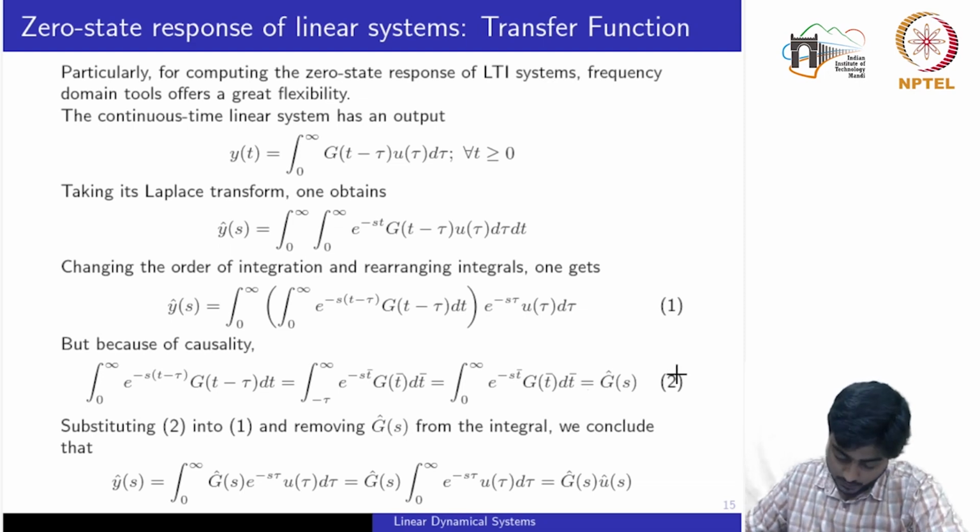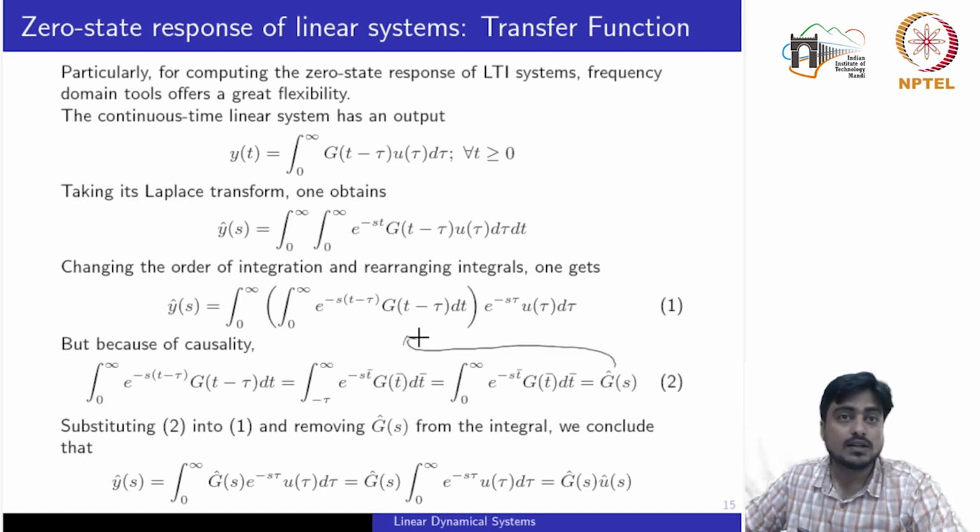Now substituting 2 into 1 and removing g hat of s, because this g hat of s should go here. Notice that we are taking the integral over tau, and g hat of s becomes a constant for this integral. So we can take this outside, and the inner integral is basically the Laplace transform of u hat.